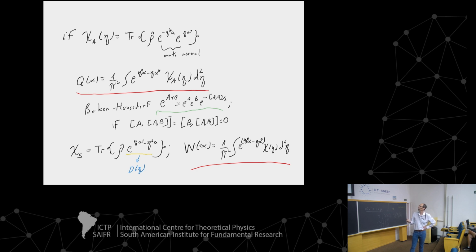And playing with this nice and lovely Baker-Hausdorff relation, you can write it using the normal ordering. And it's curious here, what you have is your displacement operator acting on your density function to give you the symmetric ordered characteristic function. And now, when you make the integration, the Fourier transform, you get the Wigner function.